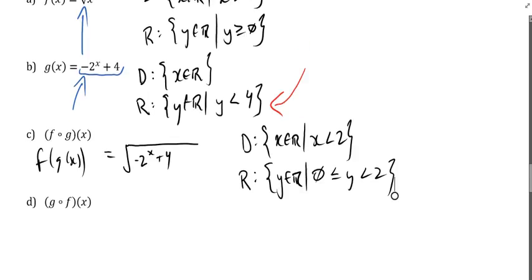So this is going to be negative 2 to the square root of x plus 4. Strange function. We'll take a look at the graph in a minute.